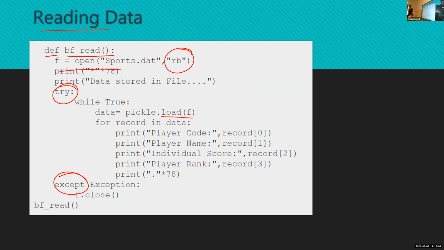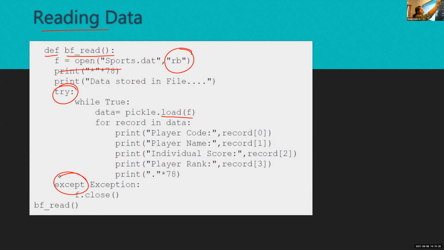In the case of a binary file, when we are reading the data, we want to know the last character, or we want to just check if the data is at the end. That we want to check.